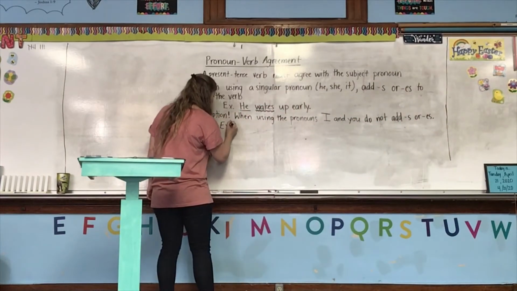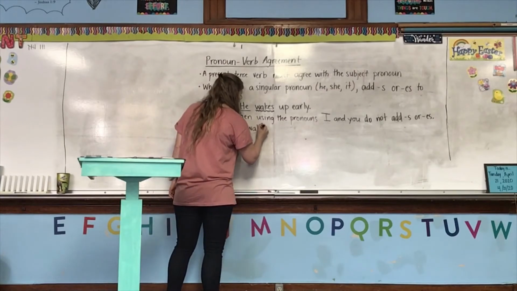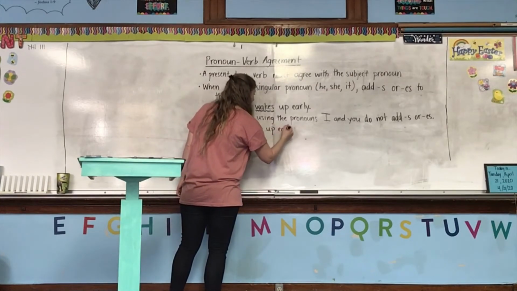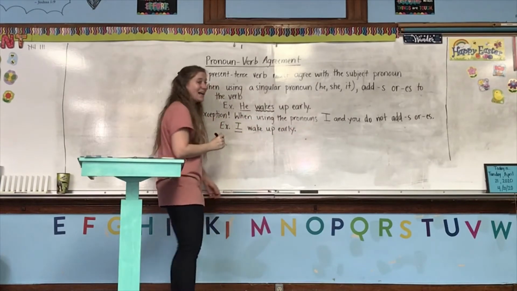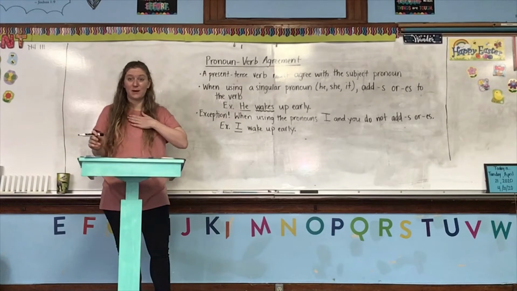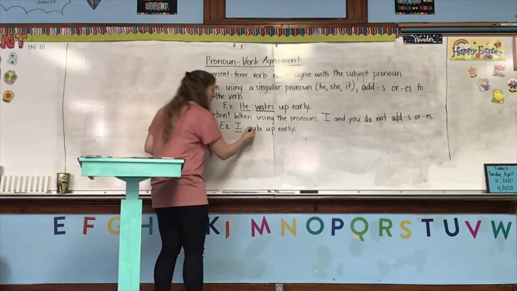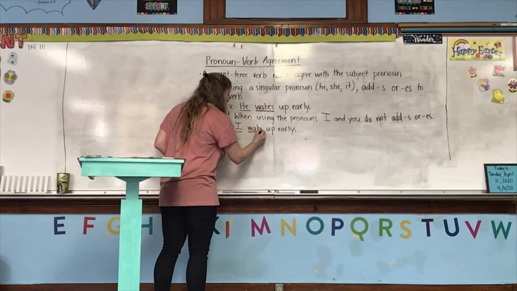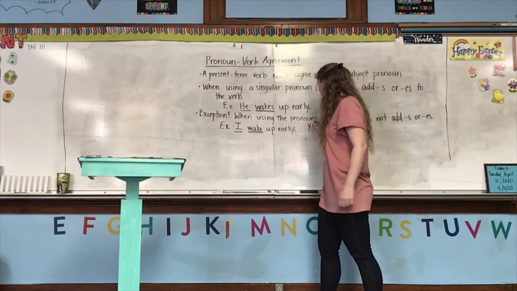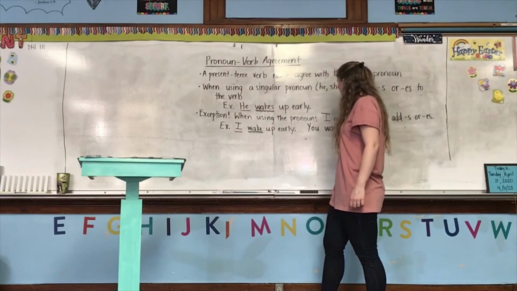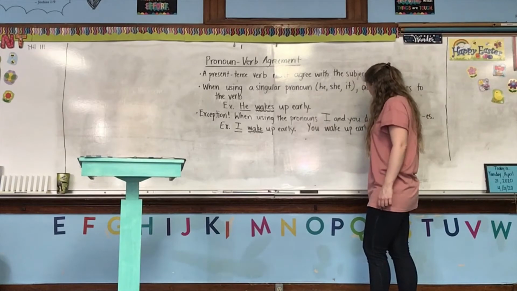For example, I wake up early. We have our pronoun I, even though whenever we use I, we're only talking about one person, me, we still do not add an S to the end of that base verb. Same with you. You wake up early.